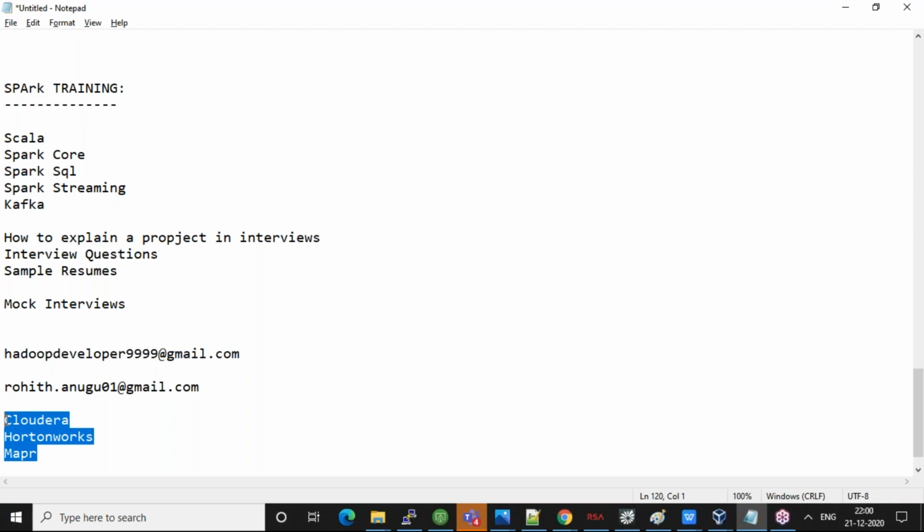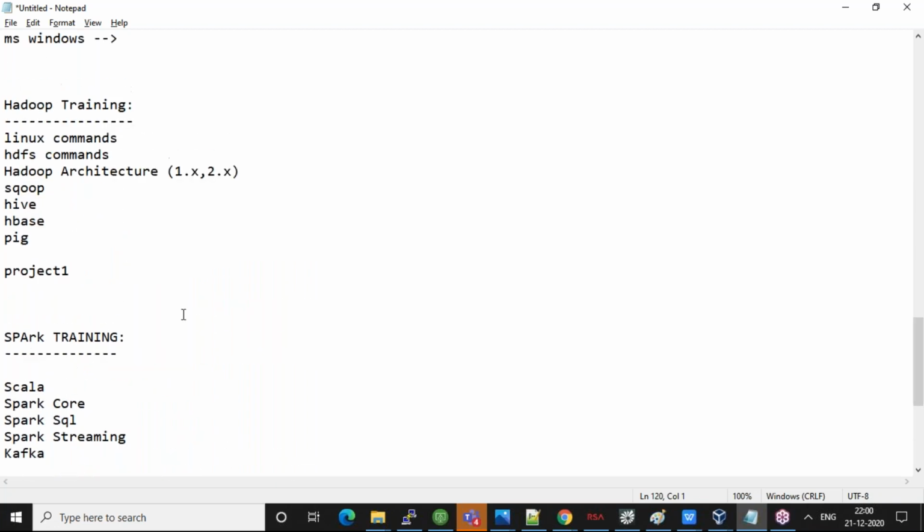Okay, sir. And one more: what about MapReduce? Is it currently used? No, currently no one is using it. That's why, with the Hadoop architecture, we can discuss MapReduce and also one MapReduce program, the word count example, how to write a word count example. This is just for your understanding purpose.